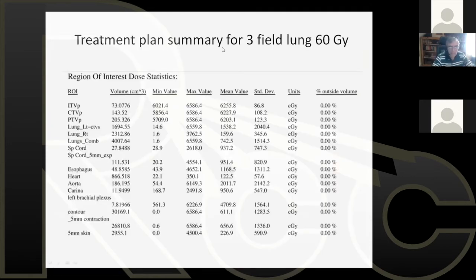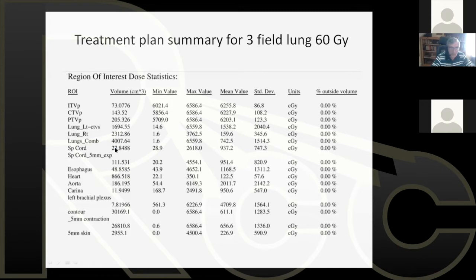The planning system, without DVHs, gives you the organs, the targets, the objectives, their volume that was contoured, minimum, maximum, mean, standard deviation, and units. So one thing I always look at is spinal cord right here. Spinal cord.